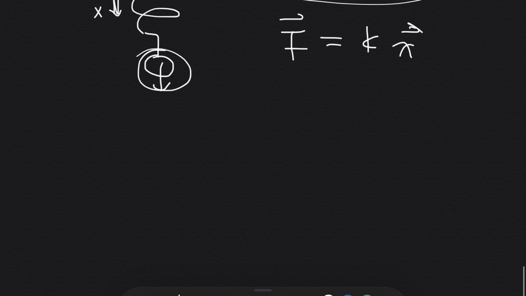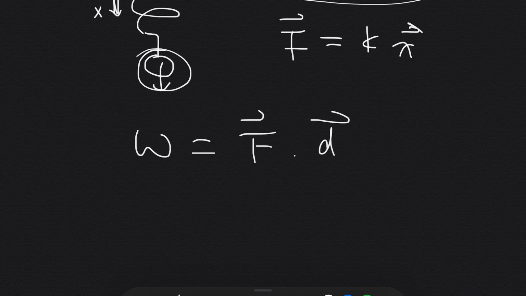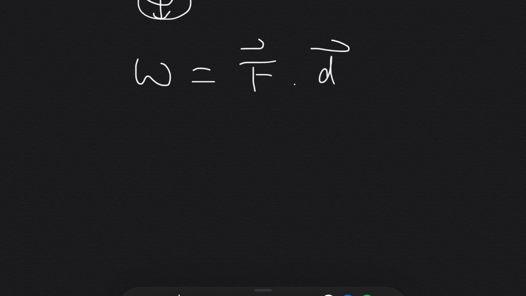Now remember, I used this definition for work earlier, right? Well, actually a more correct definition for work is the integral. So I'm sorry for bringing calculus in all of a sudden, but it really can't be helped.